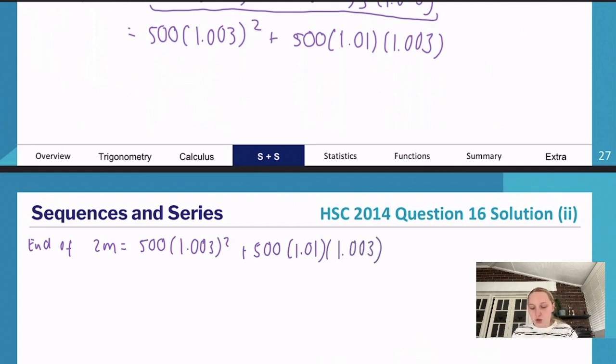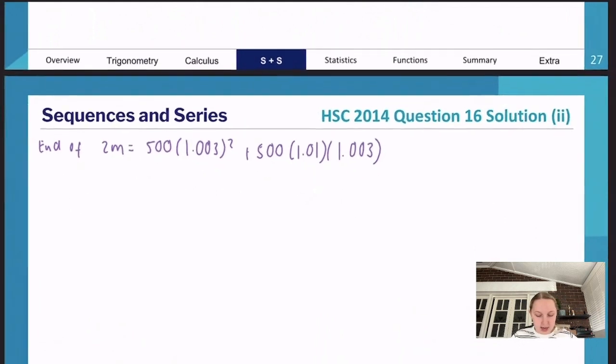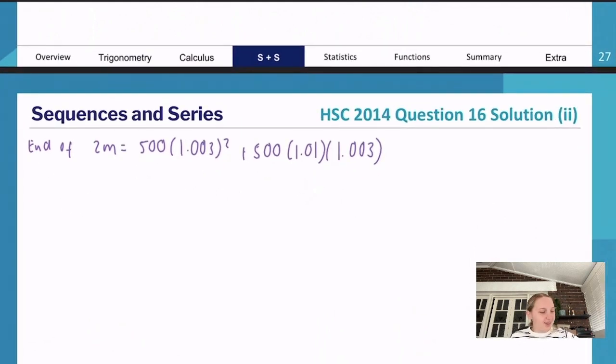Now we want to find what it's going to be at the end of the third month, because we have to do at least 3 months if we want to establish a pattern in any HSC question about annuities. Annuities, not acuities.